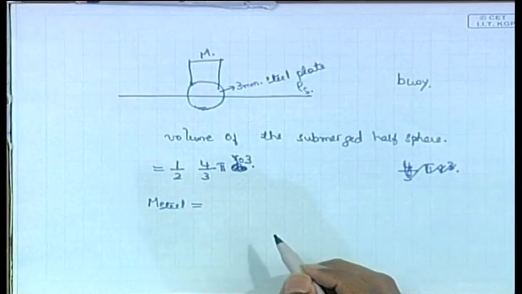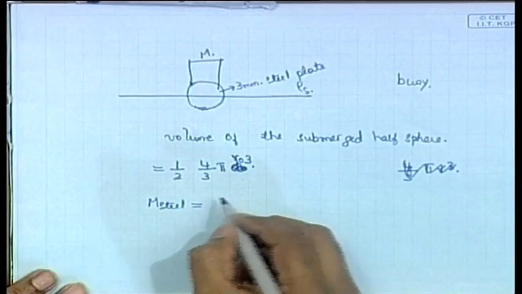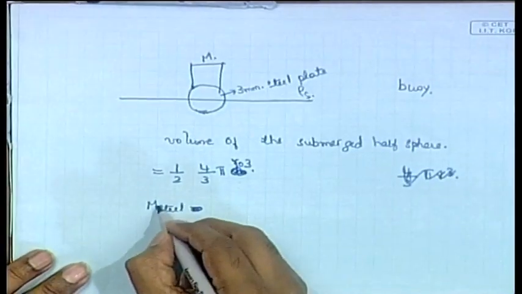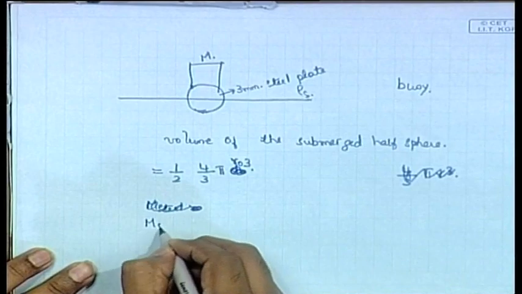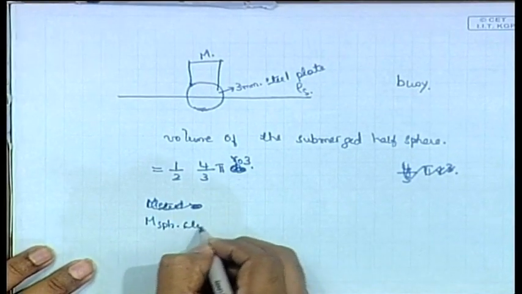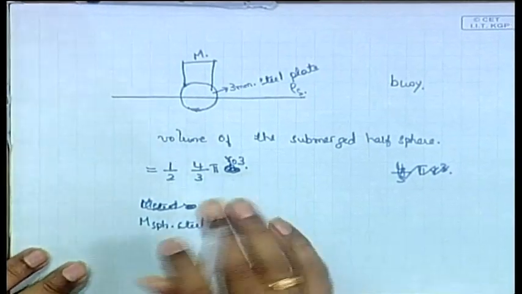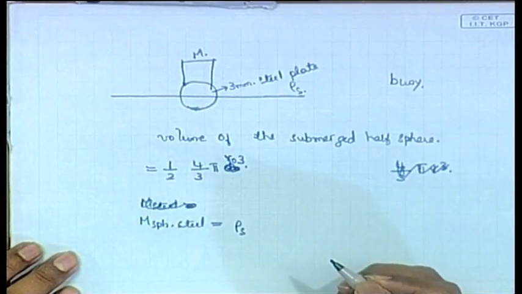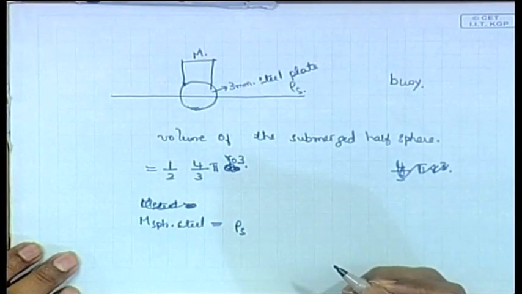Now, let us find the mass of the spherical steel. It is only a shell, remember. This mistake they have made throughout; it is always written as 4 by 3 pi d cubed, but it is 4 by 3 pi r cube.